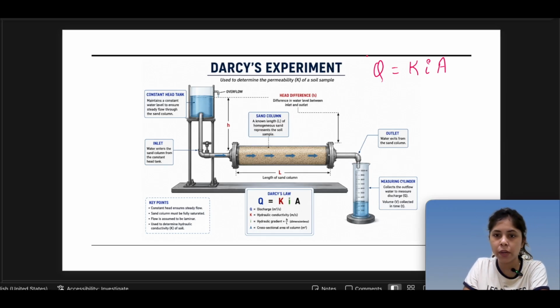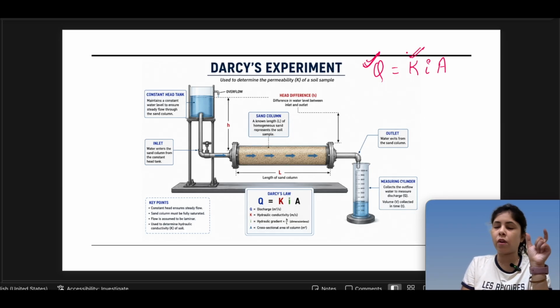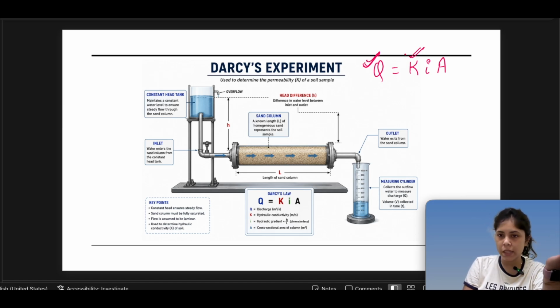This is how we calculate how much water is flowing through. K is the conductivity. It will already be given, and it depends on the material, as we have already seen.